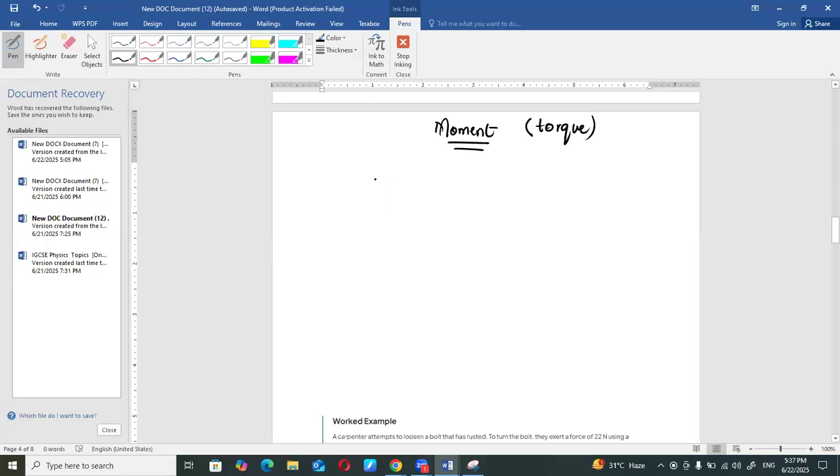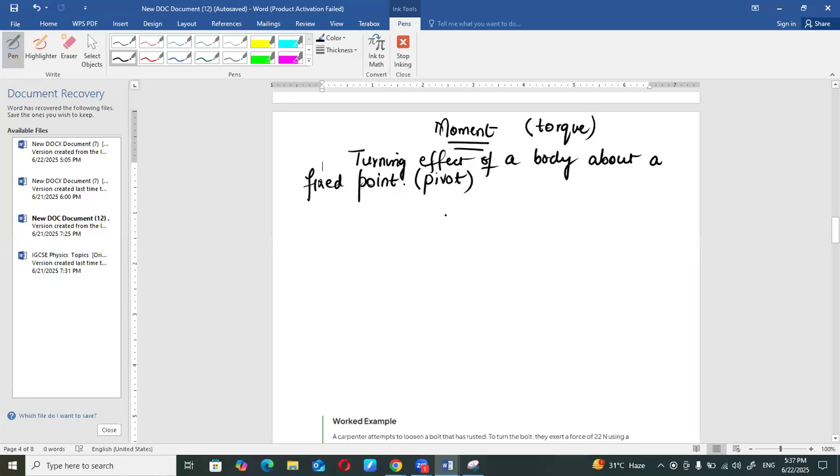The basic definition for movement is that it's a turning effect of a body about a fixed point. Sometimes we call that fixed point a pivot.